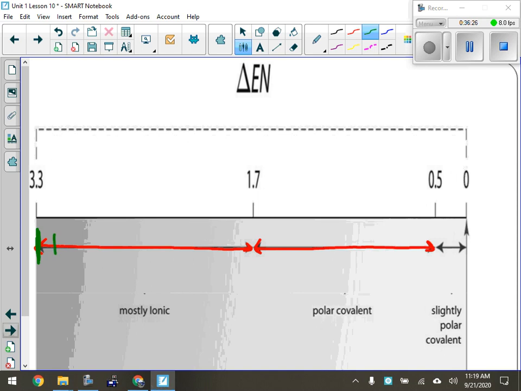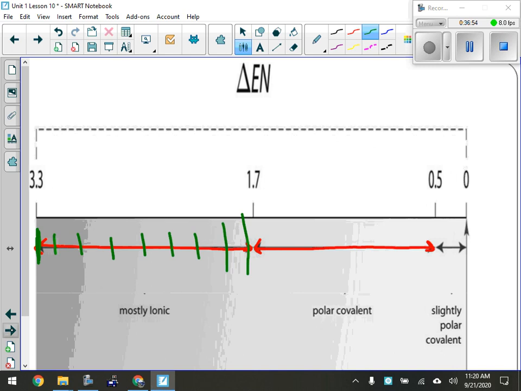And as I get closer and closer to this number here, they might share a little bit. What happens if it's 1.7? Because that's in between the two. Well, then I'd say probably a little bit of both. It's probably acting a little bit ionic, maybe a little bit covalent, polar covalent.